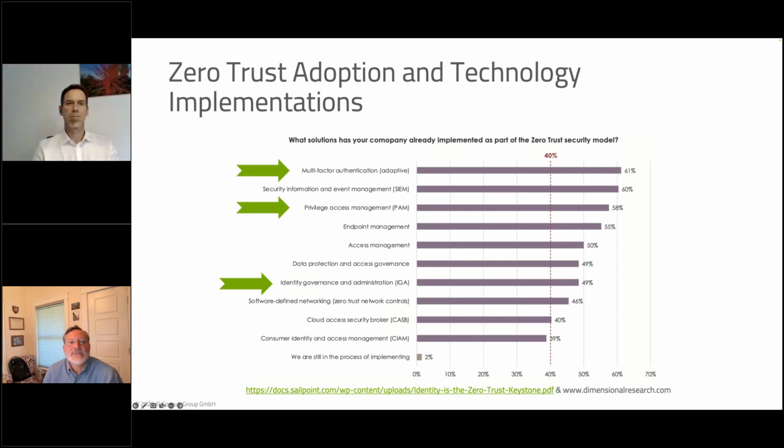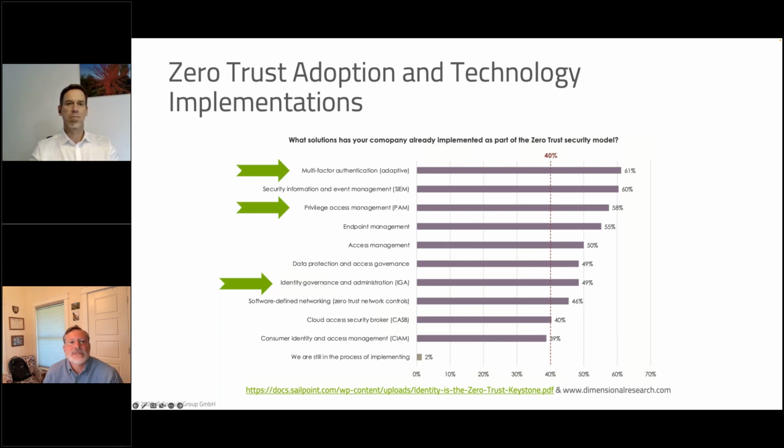Privileged access management is at the top of the list of the technologies being used to mature zero trust. Privileged access management, as you'll see on the next presentation, has grown way beyond just having a secrets vault.